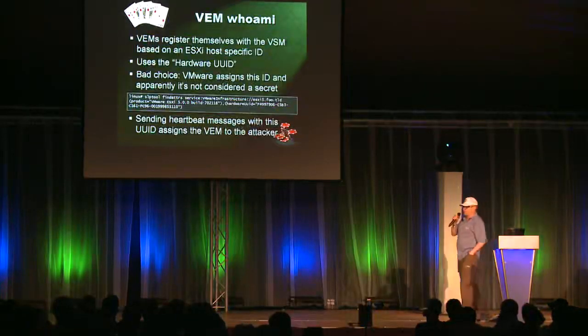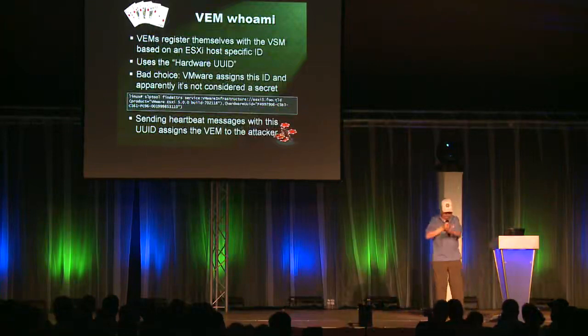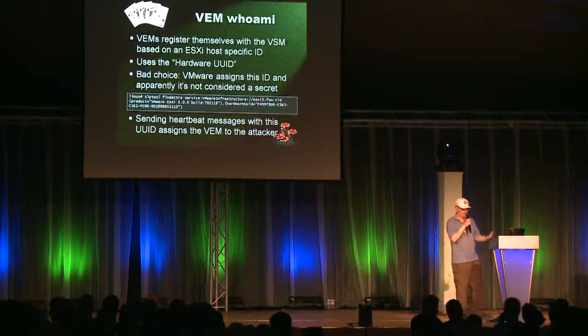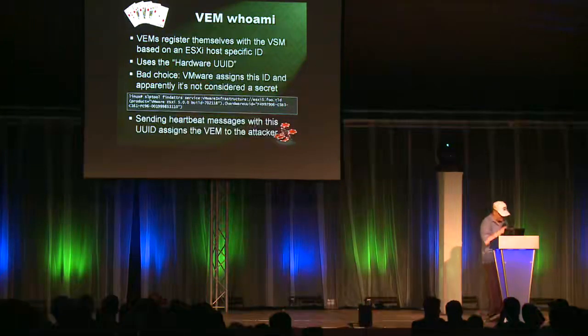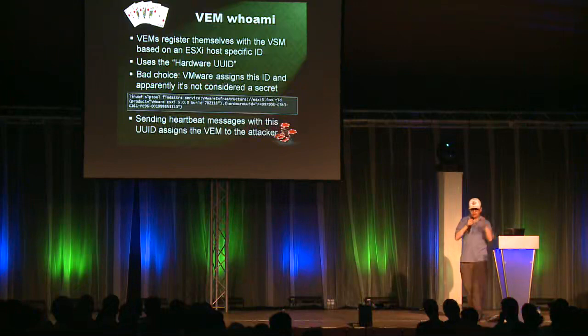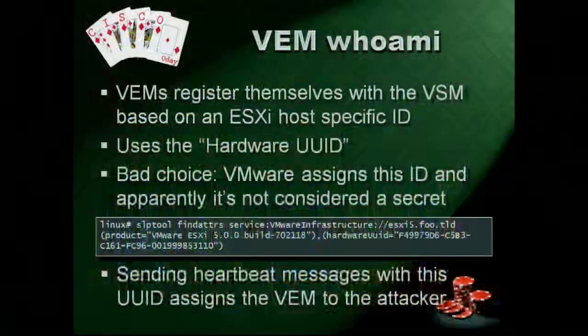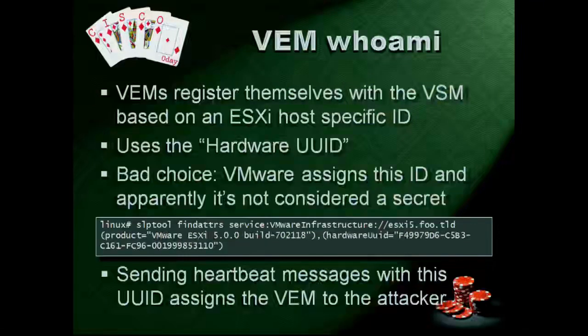There's logic bugs as well. So how does a VEM, like this virtual Ethernet module, identify itself to the virtual supervisor module? Well, I'm running on a host, so let me take something that identifies the host. Let me take the hardware UUID. UUID is a big, scary number, very unique.